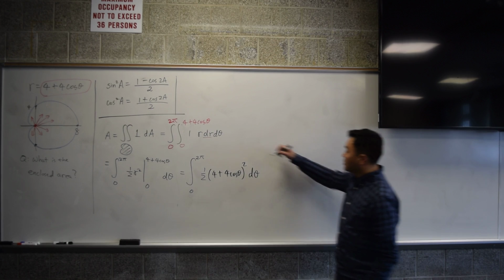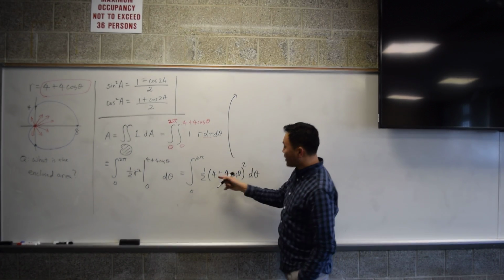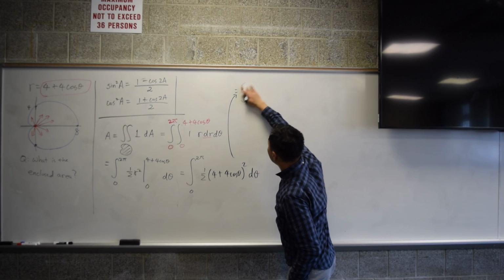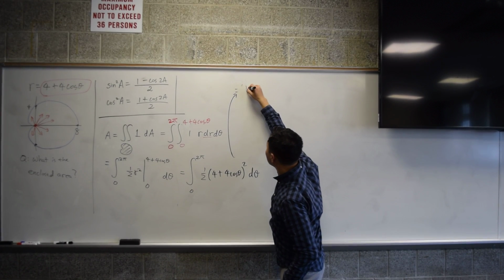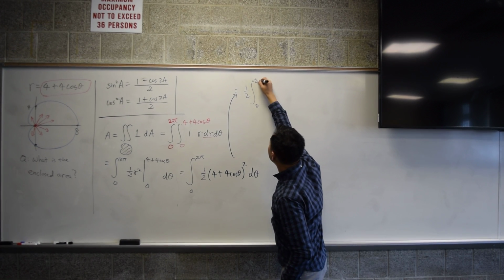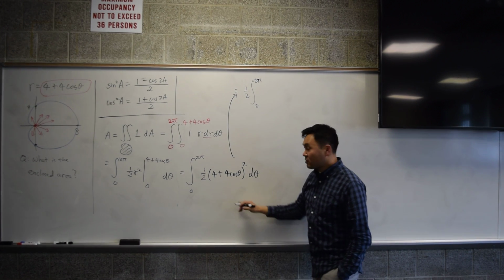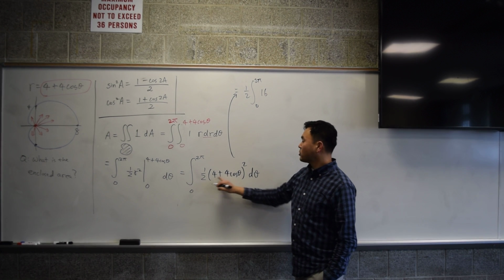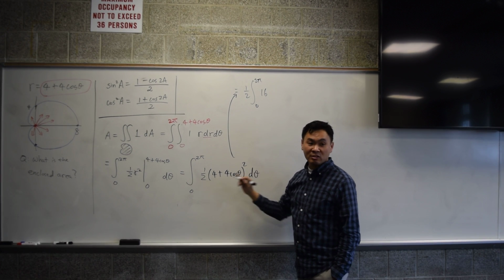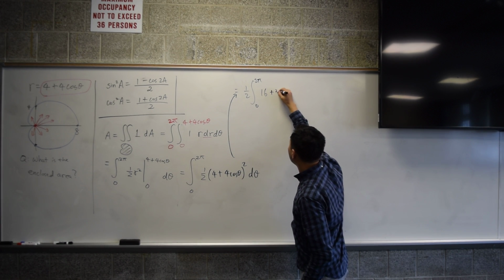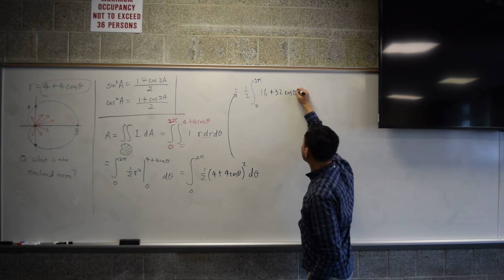Okay, let's expand this. I should pull the 1/2 outside so we can worry about that later. If we expand this, 4 squared is 16. 4 times 4 cosine theta is 16 cosine theta, but we have to double it, so it's 32 cosine theta.